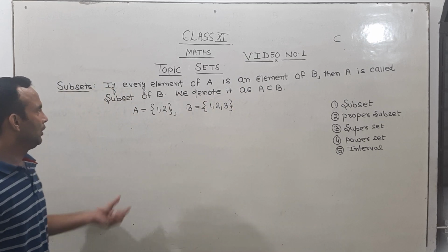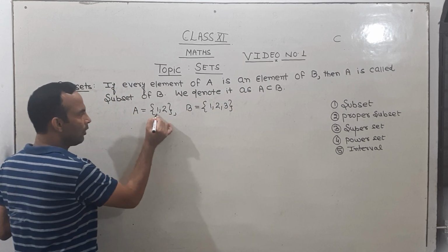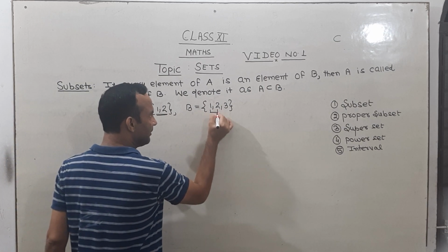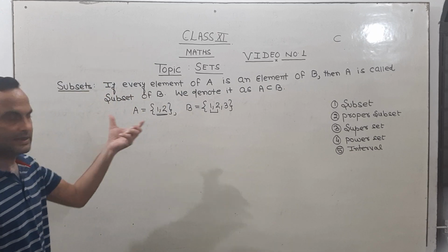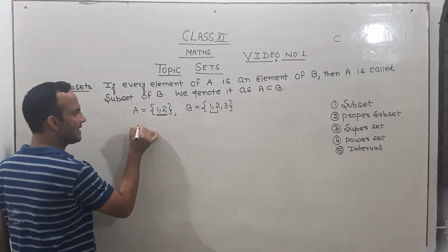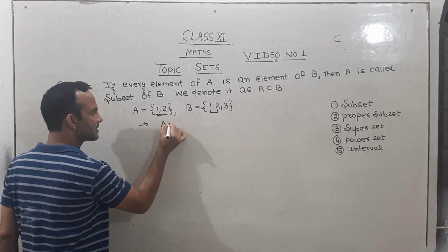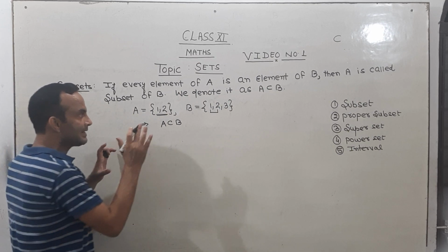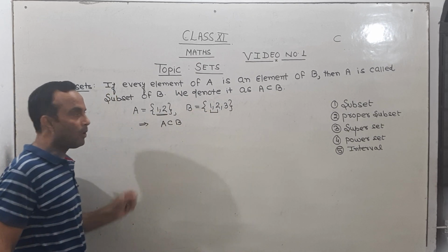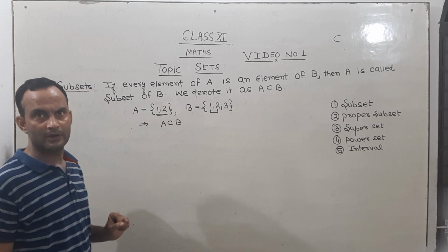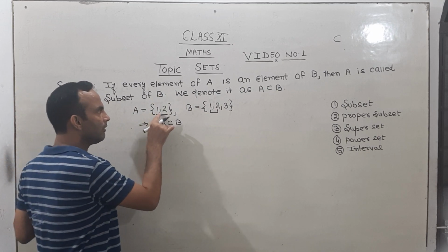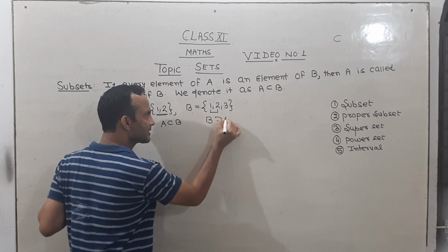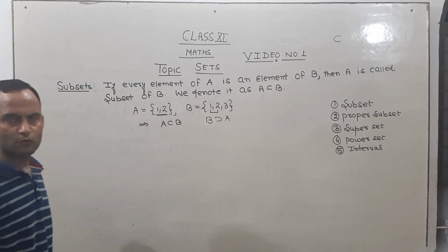Now you can see all the elements of set A are present in set B. This implies that A is a subset of B. Since B contains all the elements of set A, that's why B is the superset of A.